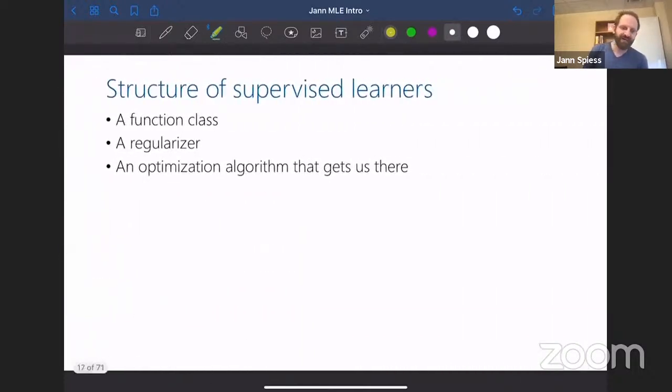So that structure of having some function class, having some regularizer, and then having some optimization algorithm that solves for the function class subject to the regularization constraint is not just specific to linear regression, but is generically there behind many supervised learners.